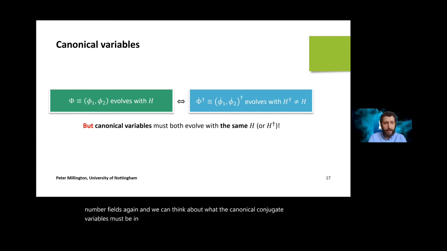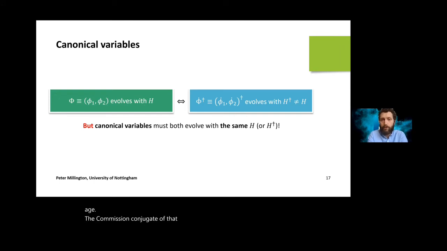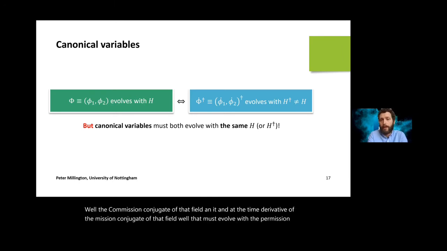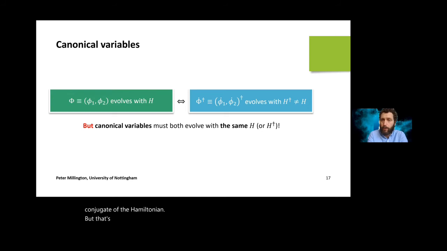If I define this doublet, capital Phi, which is just the two fields phi1 and phi2, and say that it evolves with some Hamiltonian H, well, the Hermitian conjugate of that field and the time derivative of the Hermitian conjugate of that field must evolve with the Hermitian conjugate of the Hamiltonian. But that's not equal to the Hamiltonian because we're working with a non-Hermitian theory.